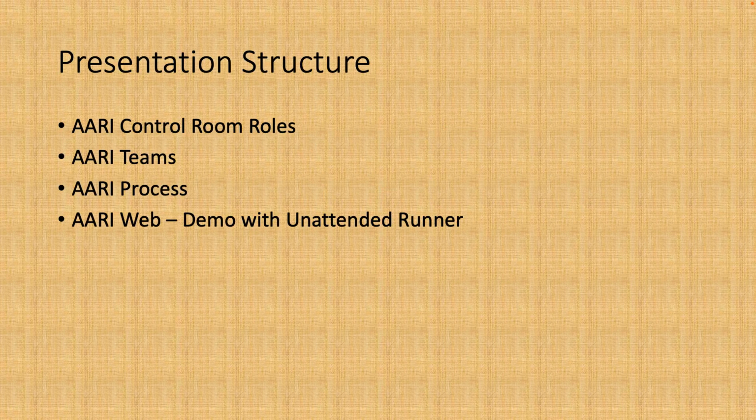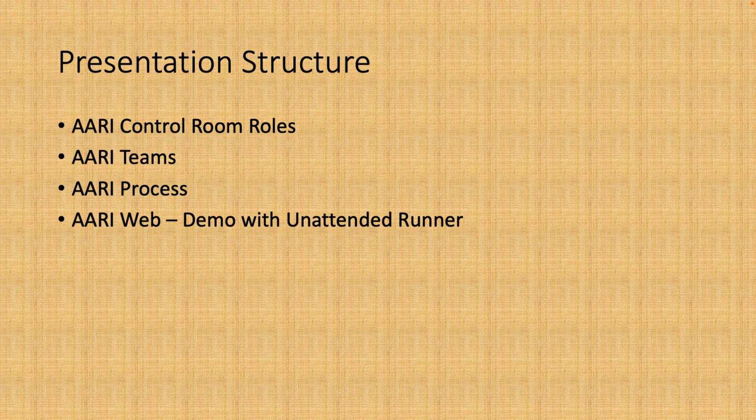So the presentation structure is: I'll go through RE control room roles, from creator to admin to some other different RE roles. Then I'll talk about RE teams, how you create a team, add team members to the team, and related things.